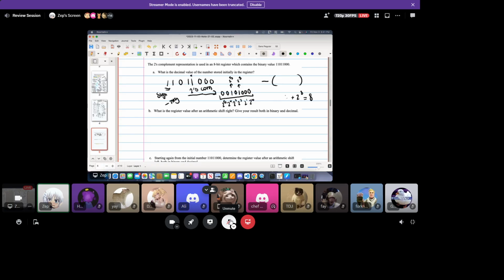We know that 2 to the 5 is 32. And 32 plus 8 is 40. So that is the value that is initially stored. So this is our answer. Does that make sense for everybody?